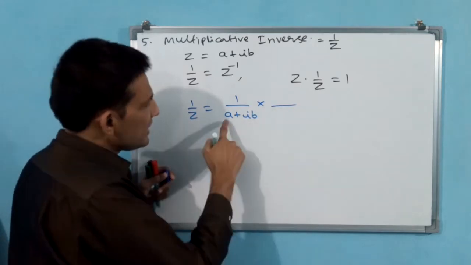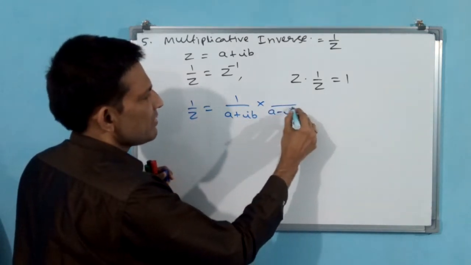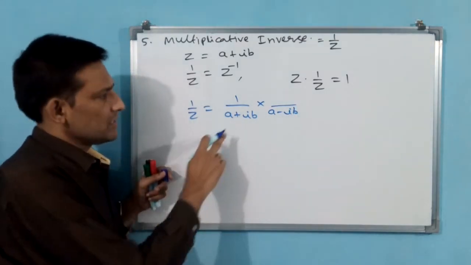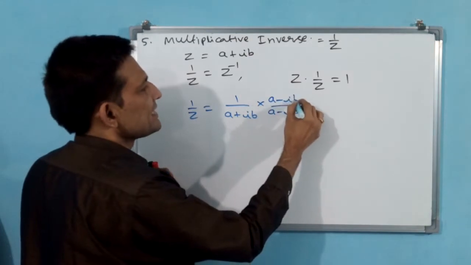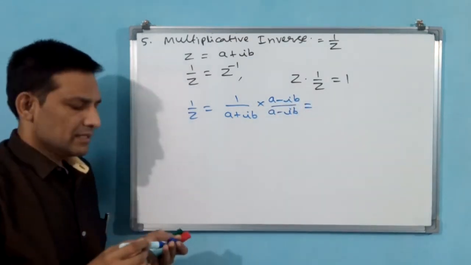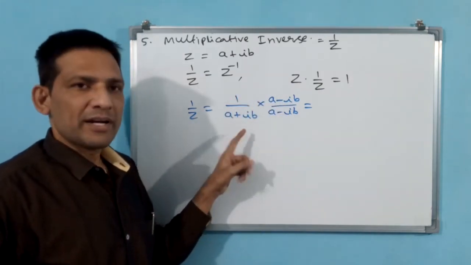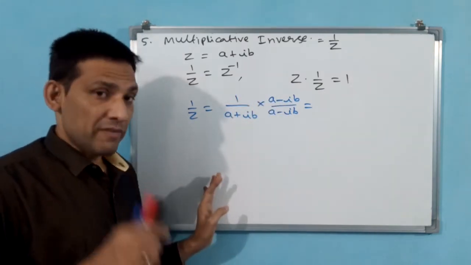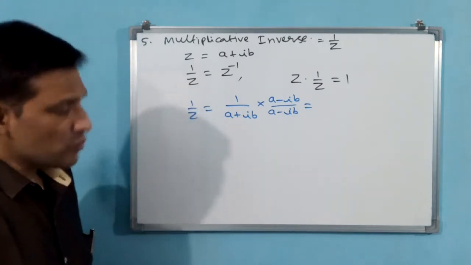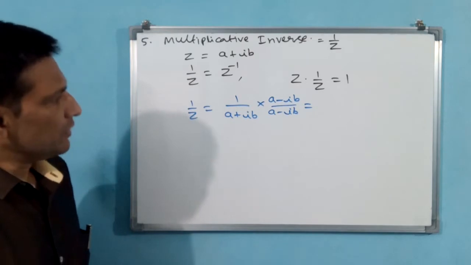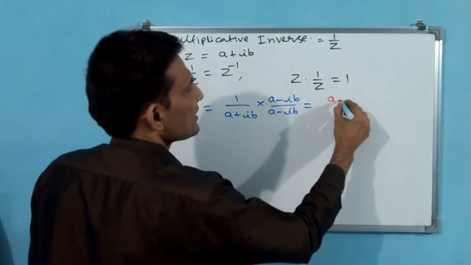Normally, in the denominator you have to change the sign: a minus ib, the opposite number. With the numerator also, the same number you have to multiply. Why? Because if you multiply the numerator and denominator by the same number, then only the value is not going to change. The value should not change, but you should get some value. In the numerator, it is (a minus ib) into 1, so a minus ib will be there.